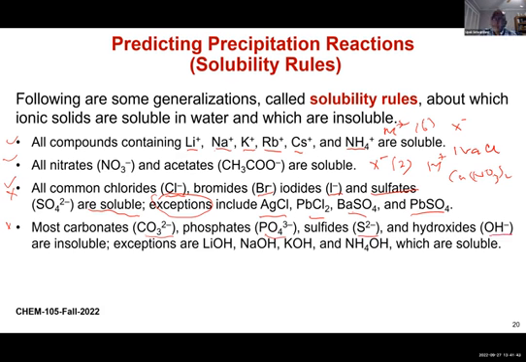In these reactions, one of the atoms in one reactant loses electrons and an atom in another reactant will gain electrons. All right.